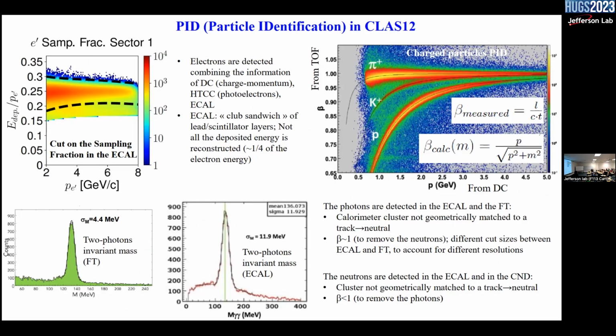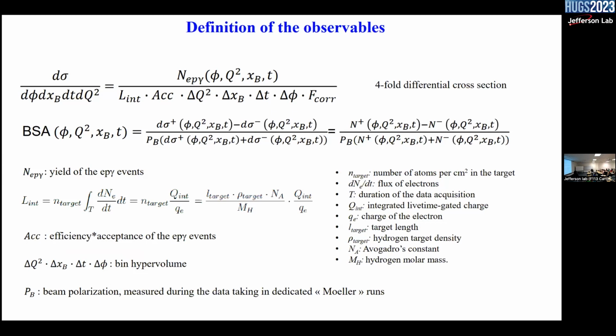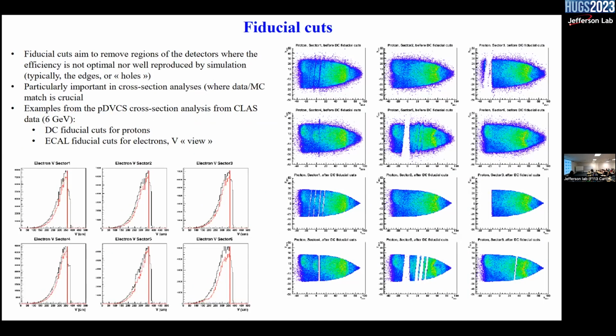So once you have the PID, you know the particles of the final state. Let's say you have to measure a cross-section. In the cross-section, as you saw here, you're going to have to know very well the acceptance and the efficiency of your detector. So you have to trust your detector well.